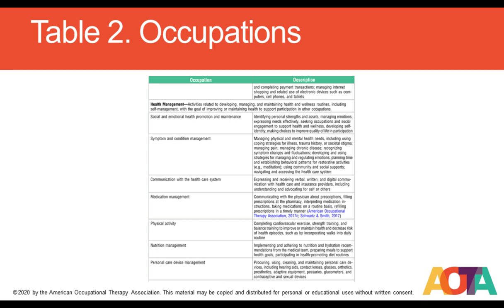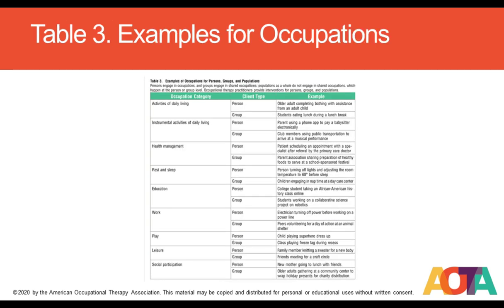As described in Table 2, there are many examples of health management occupations that occupational therapy practitioners can address. Finally, here you can see the new table with examples of occupations that occur on a person and group level. Next, Wayne will discuss the updates to the context section.